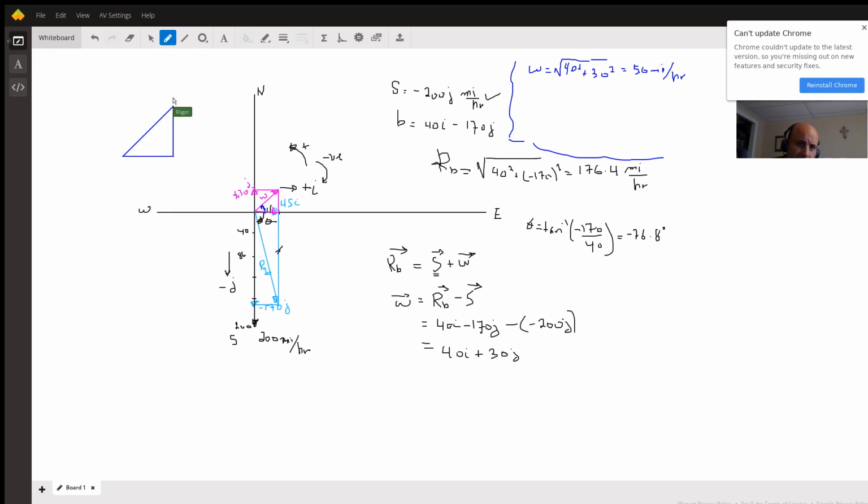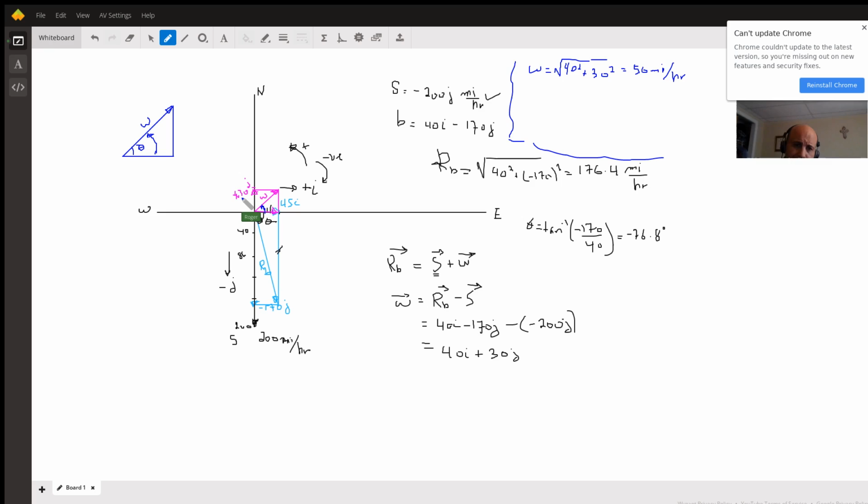So this is your resultant, which was W, the wind vector. And we know this is the angle theta. And like we said, we're rotating counterclockwise. Therefore, I expect the answer to be positive.